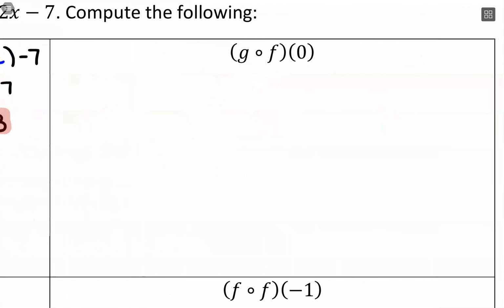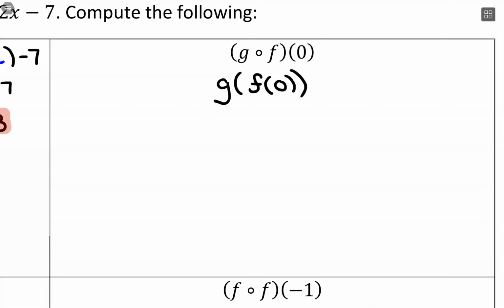So in this case, I'm taking g of f of 0. So how I can rewrite this is g is the outside function of f of 0. So it's kind of like each time I write parentheses, that's a replacement for the word of, so g of f of 0.